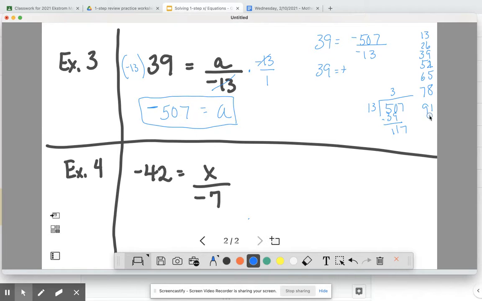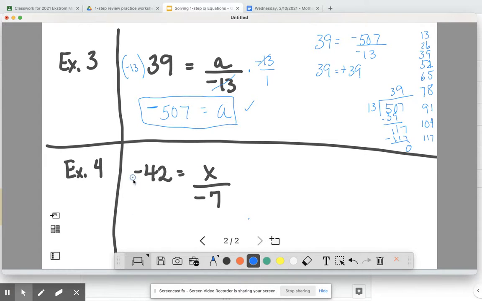Add another 13, that's going to be 104. Add another 13, that's going to give me 117. There you go. So 13 goes into 117 1, 2, 3, 4, 5, 6, 7, 8, 9, 9 times. And that's what we were looking for, 39. Therefore, our solution is correct.